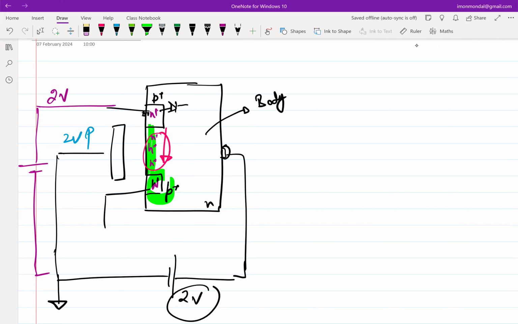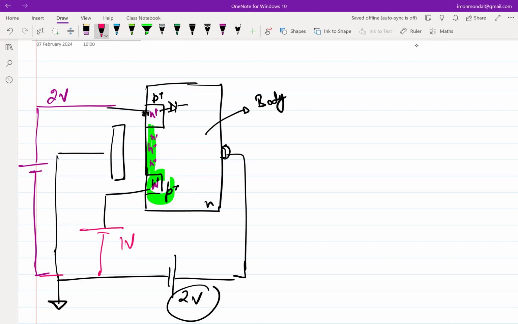Okay. So from this you can readily see that it's kind of an electronic tap, but the third terminal is this guy. Now if I want to generate an electric field from top to bottom, all I need to do is connect another battery here, and let's say I give it 1 volt.